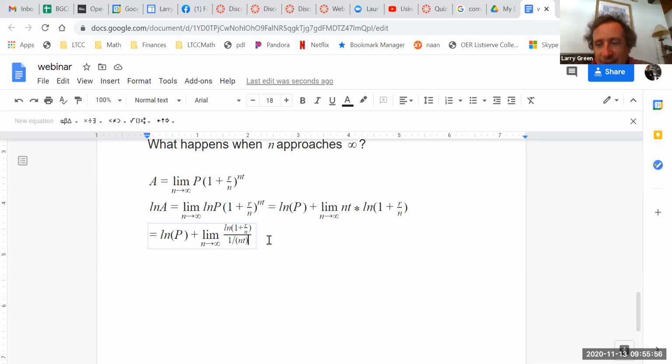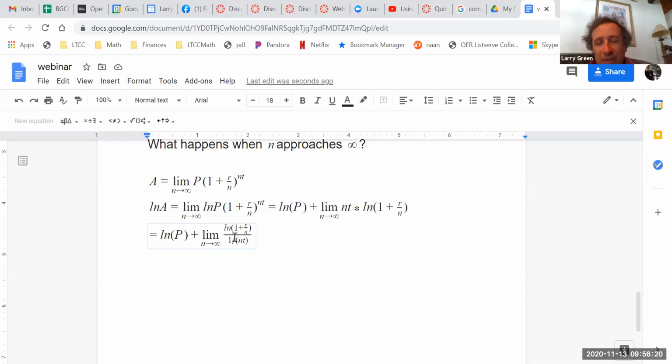Again, knowing to do it is the hard part. Doing it's not hard, but knowing to do it is really hard. And this works because now we can plug in, and if n goes to infinity, the numerator goes to 0, and the denominator also goes to 0. Do you all agree? So we get 0 over 0.